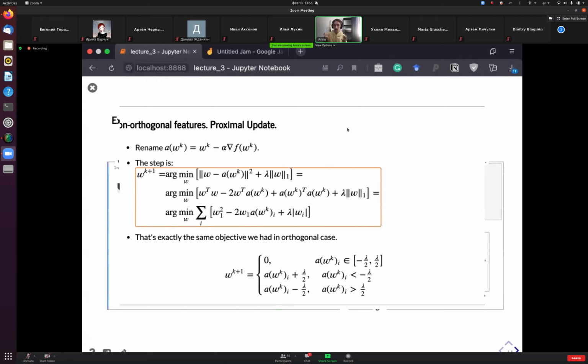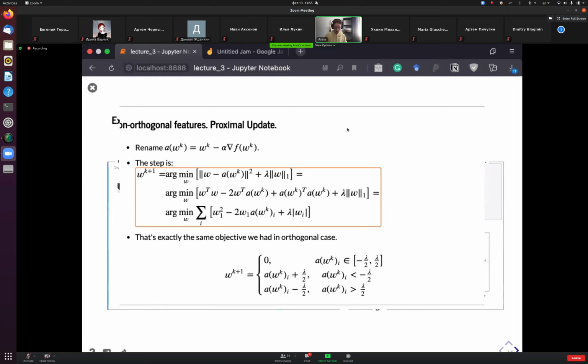And this again only depends on each coordinate separately, so we can rewrite it as a sum and do all things exactly the same as we just did. So consider two cases, where Wi is positive and Wi is negative, see where the roots are, on the left or on the right, and find the optimum.